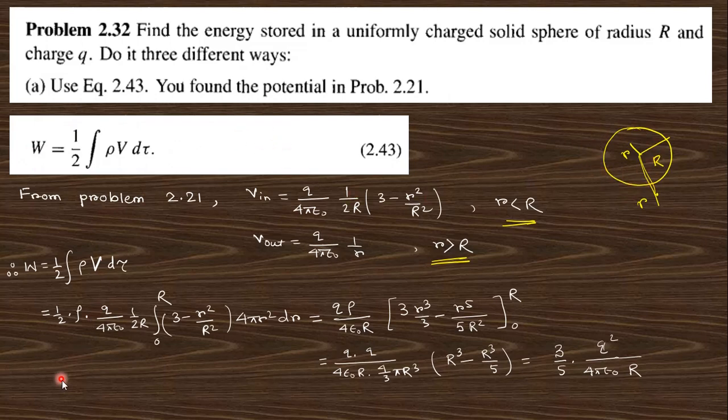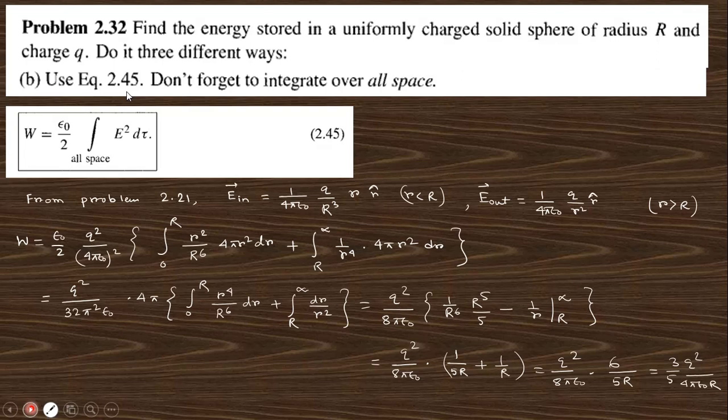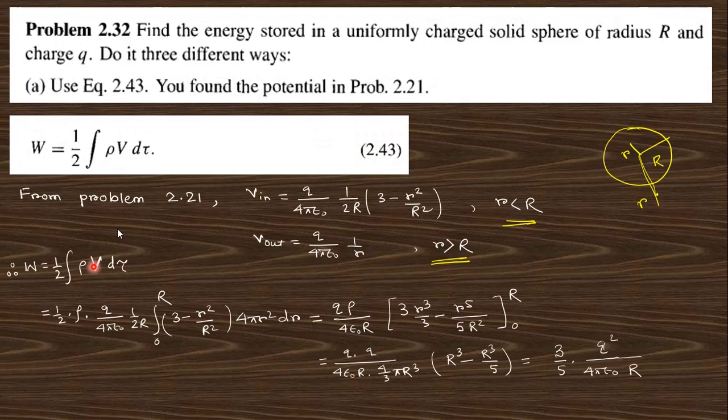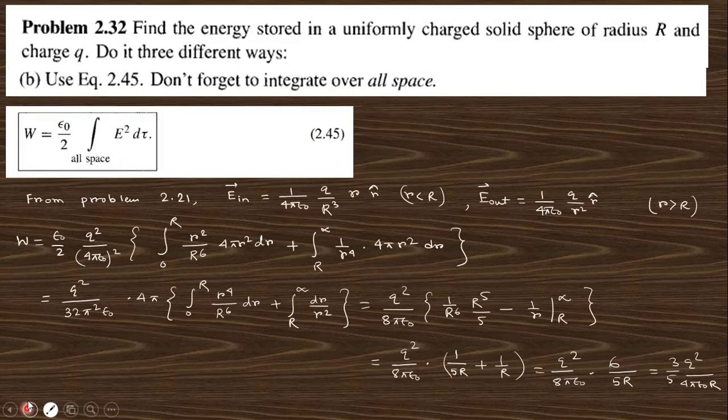Next, use equation 2.25, and don't forget to integrate over all space. Equation 2.25 says E square; the previous one was in terms of potential and charge, and this is in terms of electric field. In this problem we also found the electric field inside and outside.